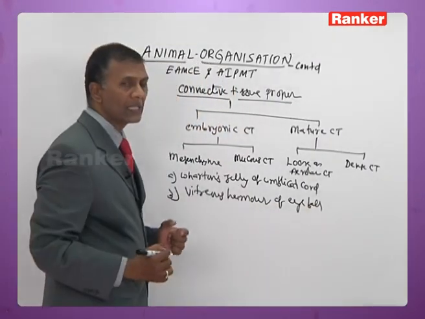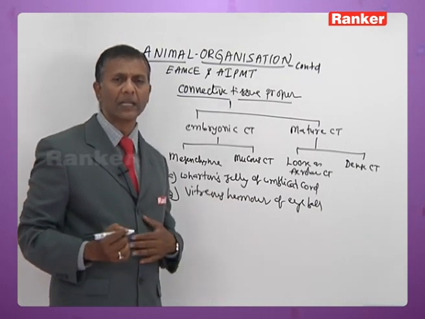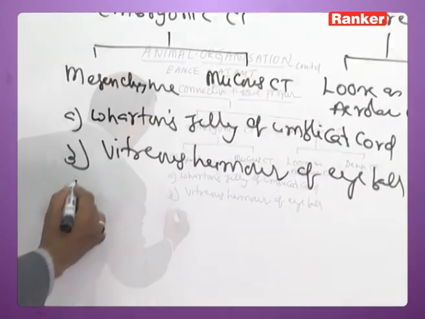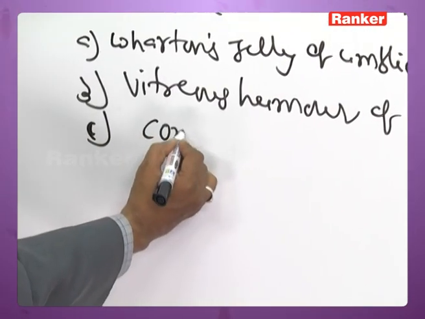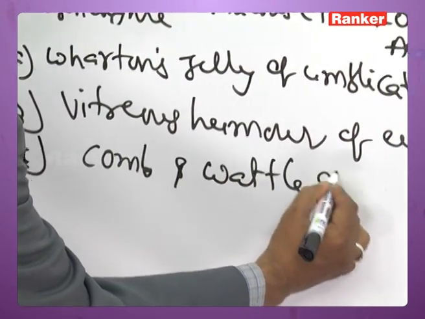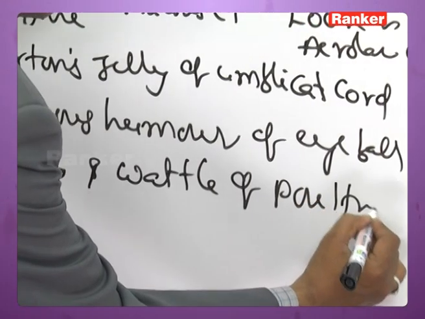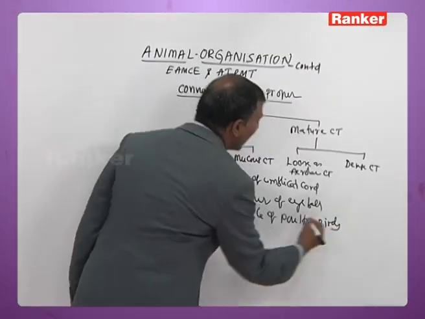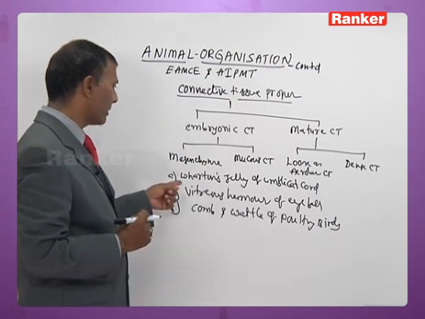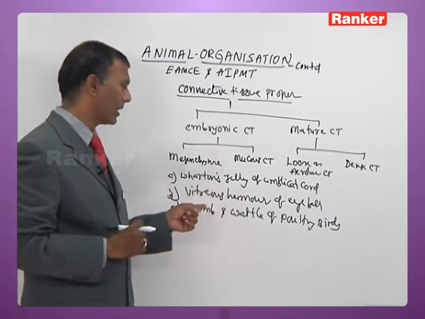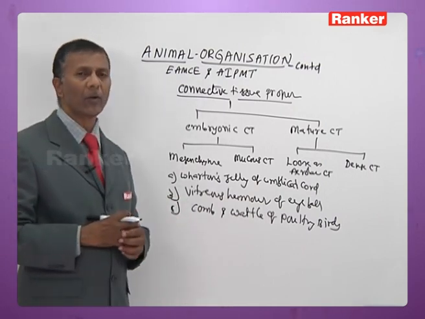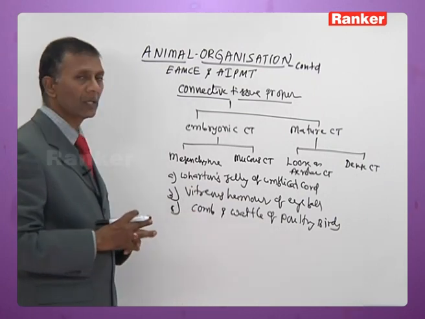The vitreous humor that lies in the vitreous chamber behind the lens of the eyeball is also made up of mucous connective tissue. Then the comb and wattle of poultry birds are also examples. So remember, Wharton's jelly present in the umbilical cord, vitreous humor of the eyeball, comb and wattle of poultry birds are the examples for mucous connective tissue here.